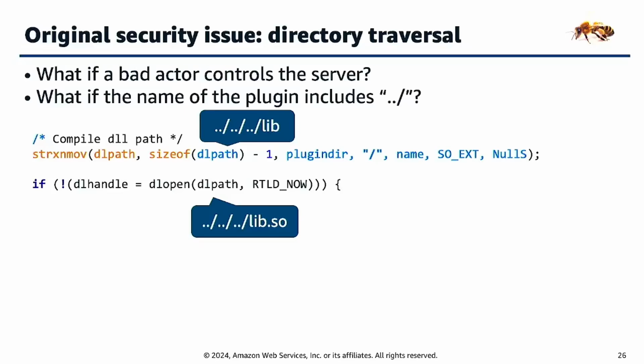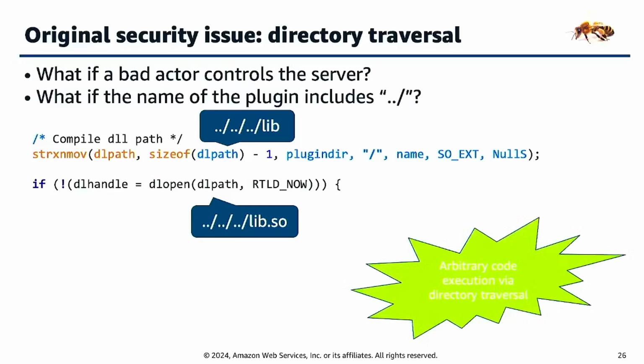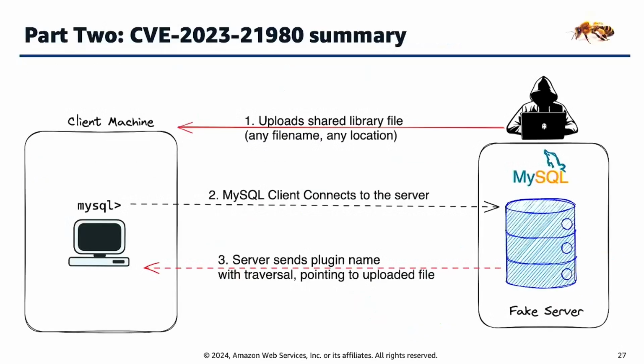And also there is another issue that allows me to create a long string here, so that it will be able to load a really arbitrary file without this extension. So this is arbitrary code execution via directory traversal.